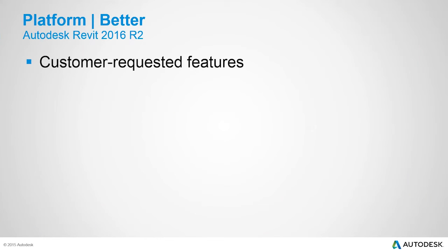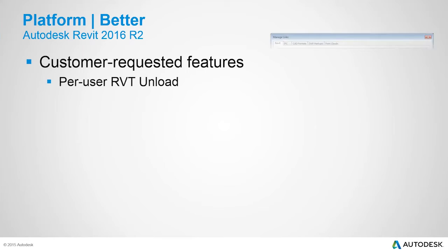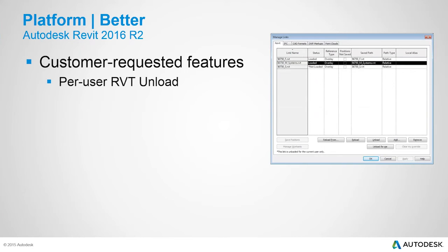And the customer requests keep on coming. Oh yeah, this one's nice. Per user RVT unload. Now with this feature, when you're using obviously a central file perhaps, with Revit R2, they've improved the collaboration environments when working with linked files by enabling users to unload links on a per user basis.